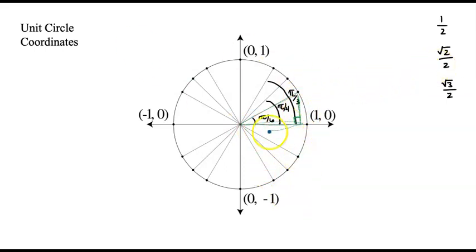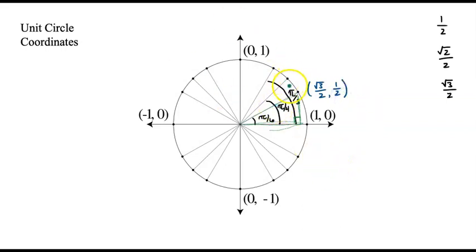And so what that tells me is that in the x direction, I am traveling this largest length of √3 over 2. And in the y direction, I'm traveling the smallest length of 1/2.